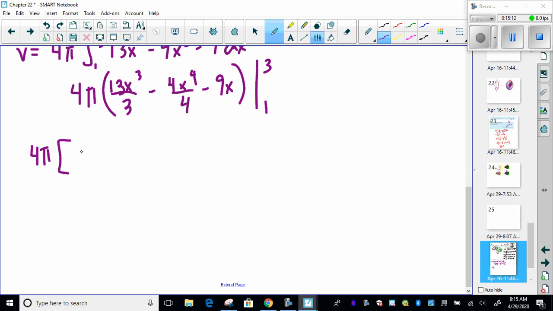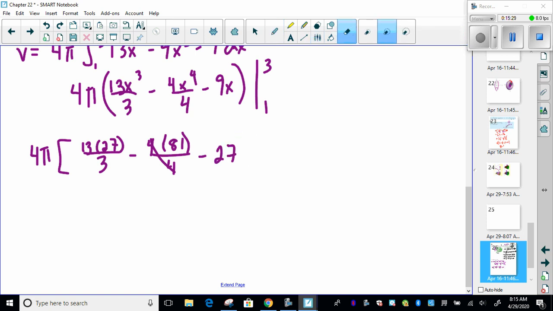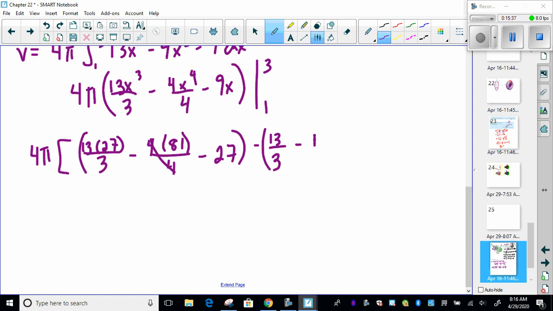I first will put my 3 in, so this is 13 times 27 over 3 minus 4 times 81 over 4. Oh, that simplifies. Minus 27. So that's the first one. Now I put 1 in. That's 13 over 3 minus 1 minus 9.